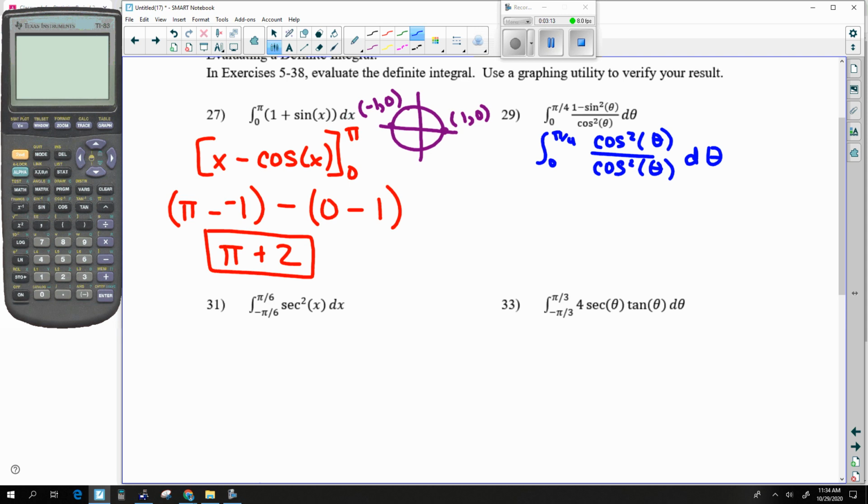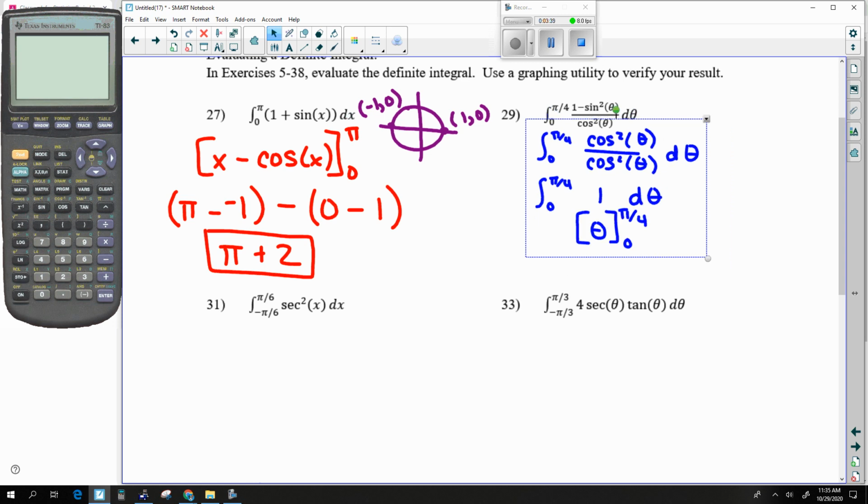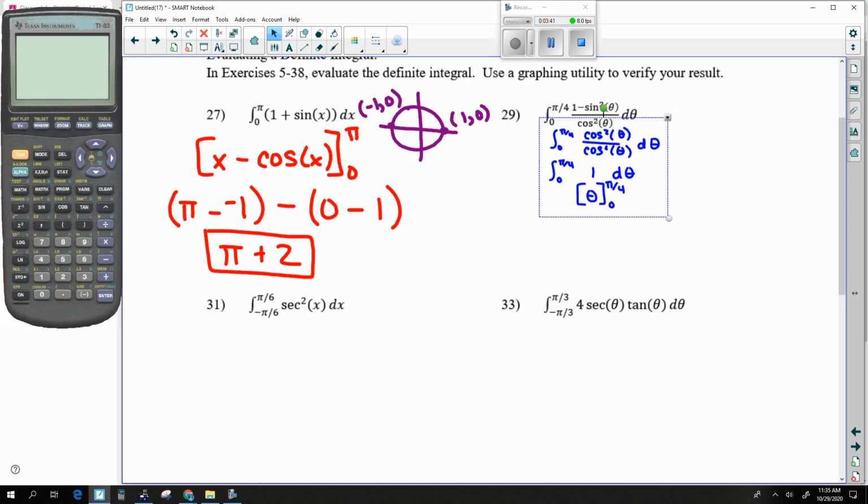That is the same thing as saying 1. So the integral of 1 is, in this case, theta, or x, from 0 to pi over 4. And so that means we take the upper bound minus the lower bound.